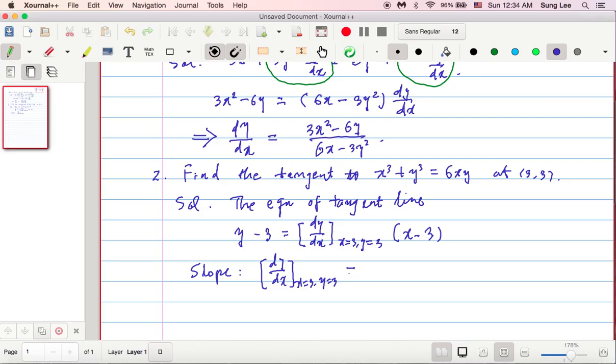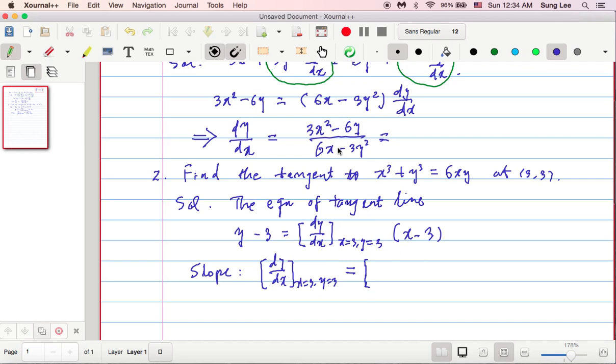So dy by dx, we found it earlier in part 1. That's 3x squared minus 6y all over 6x minus 3y squared. Oh, actually, you know what? We could have simplified this, right? Because the numerator and the denominator have a common factor of 3.